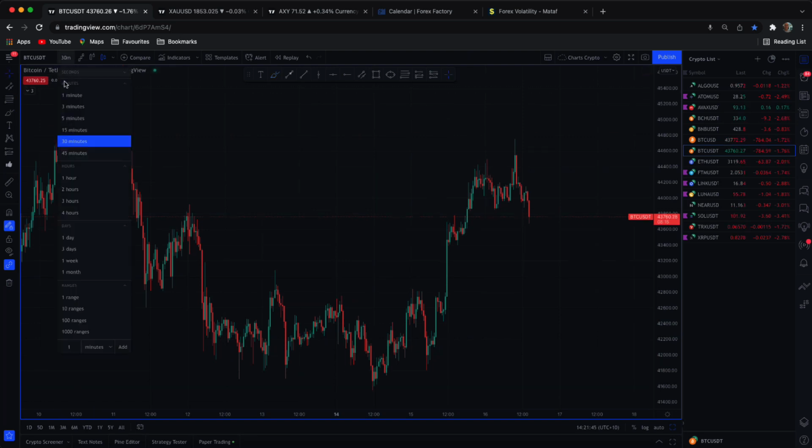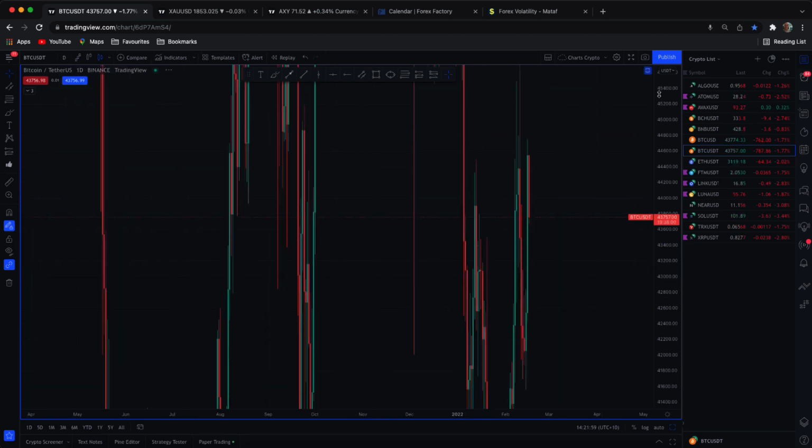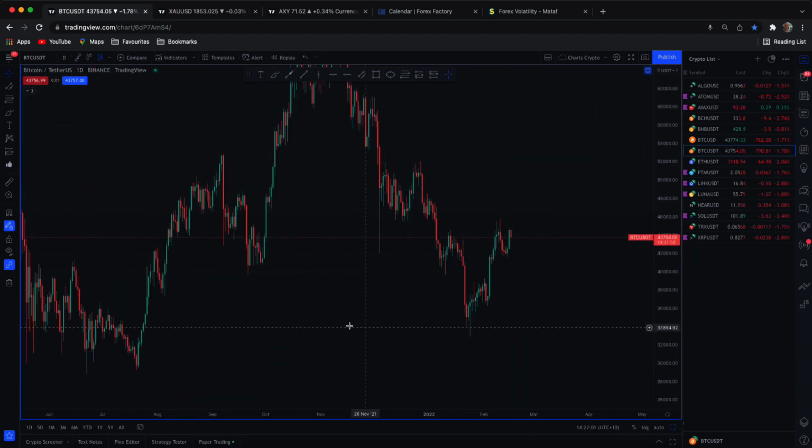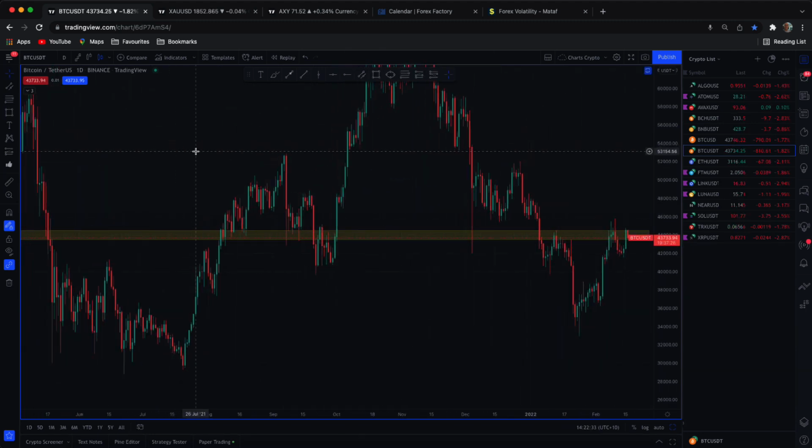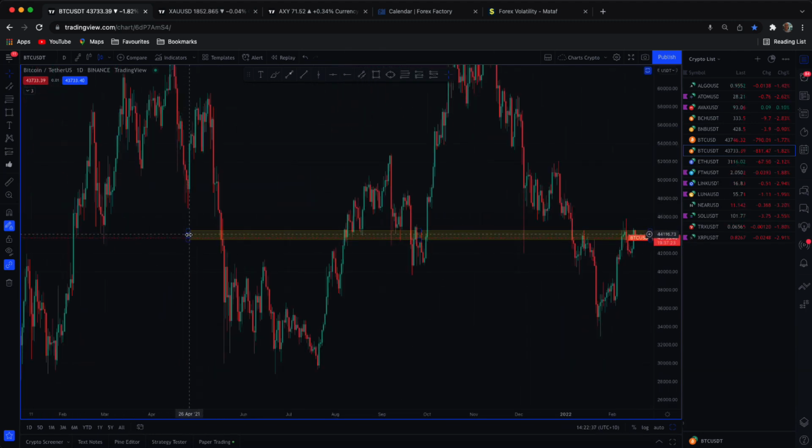If we zoom back out again, let's go back out to the daily, for example. Keep in mind when we go to the daily, we're going to see a candle, but what's been going on is this accumulation or distribution phase, or consolidation phase, if you want. Then when we look left, just back that off a bit, we see where the market has traded into this level. This is a daily.